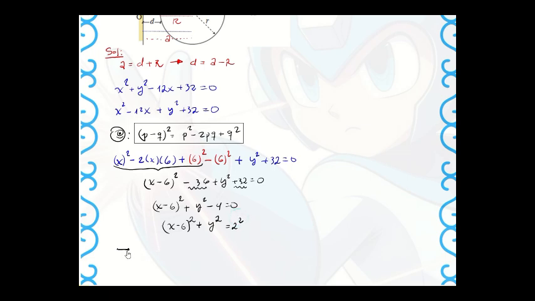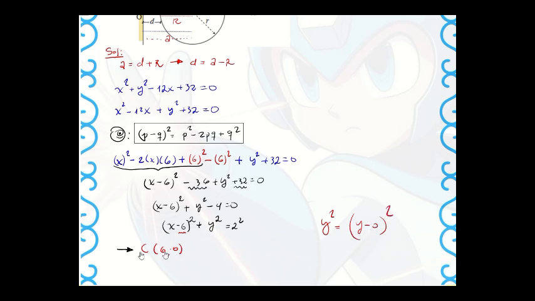So with these values, we have the center. The center here is 6 and 0. Why 6? Because it's 6 here. And here the y squared is the same as we write y minus 0 squared. So the second term here should be 0.